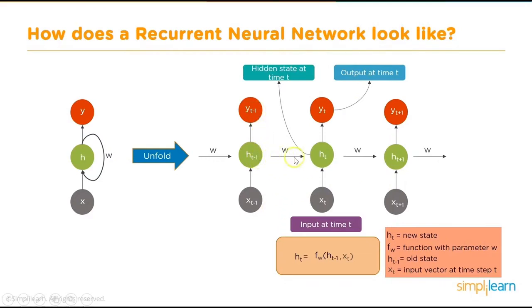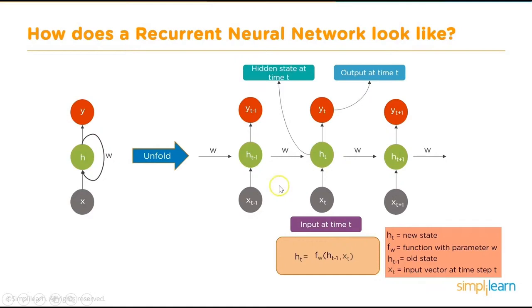So this yt minus 1 gets fed here, and that results in yt. Then when we go to the time t plus 1, there is an input of xt plus 1 at that given time, plus the input from the previous time frame, which is t. That also gets fed in here, and then we get an output of yt plus 1.